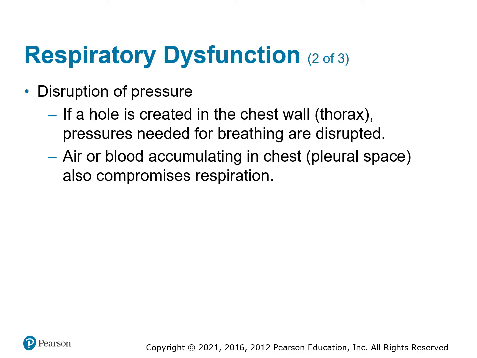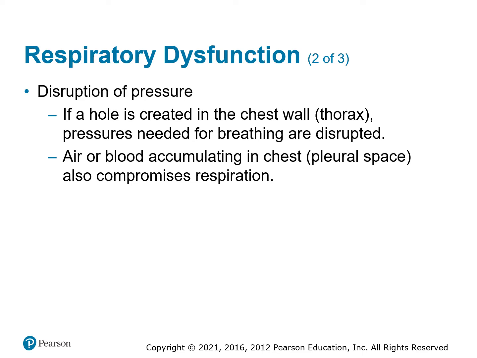Disruption of the pressure. Normal breathing is because we have a difference of pressure when you inhale and exhale. So you change the size of the chest, it changes the internal pressure, and air goes in or out. If for some reason we create a hole in the chest wall, when you change that pressure, air goes in the path of least resistance, so it starts going into the chest cavity but not into the lungs.